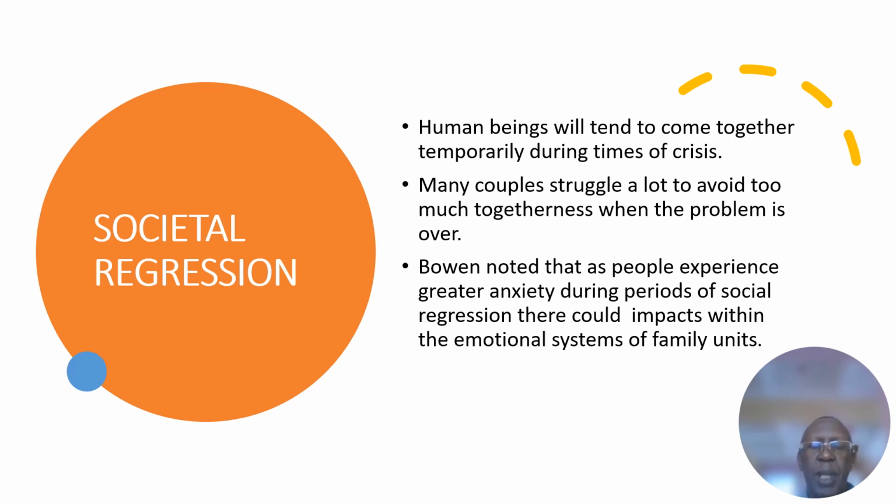Bowen also talks about the concept of societal regression, and what he's telling us here is that human beings will tend to come together temporarily during times of crisis, and this holds true even in the marriage partnership or in the marriage relationship, that if daddy and mommy have a crisis besetting their marriage, oftentimes they will get closer during those times of crisis.